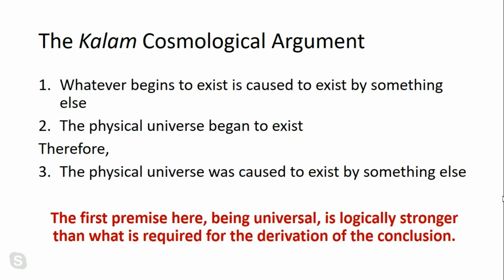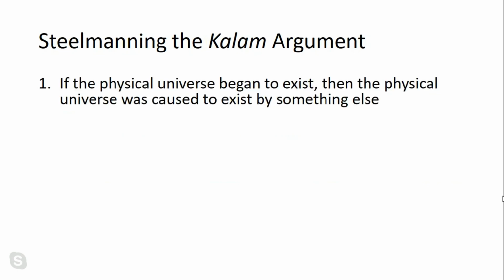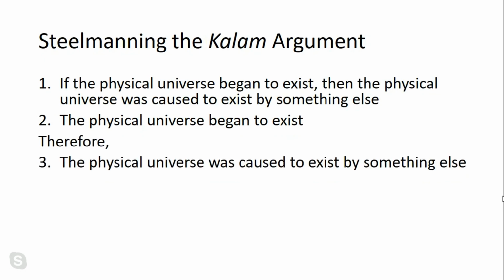And in doing it, we transform this argument into an instance of that inference form that we began with, modus ponens. If, notice just if, if the physical universe began to exist, then the physical universe was caused to exist by something else. The physical universe began to exist, therefore, the physical universe was caused to exist by something else.